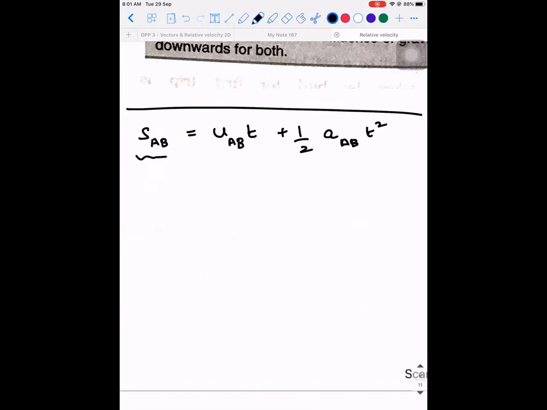So what is the relative distance between A and B? 10 meters. So 10 is equal to.